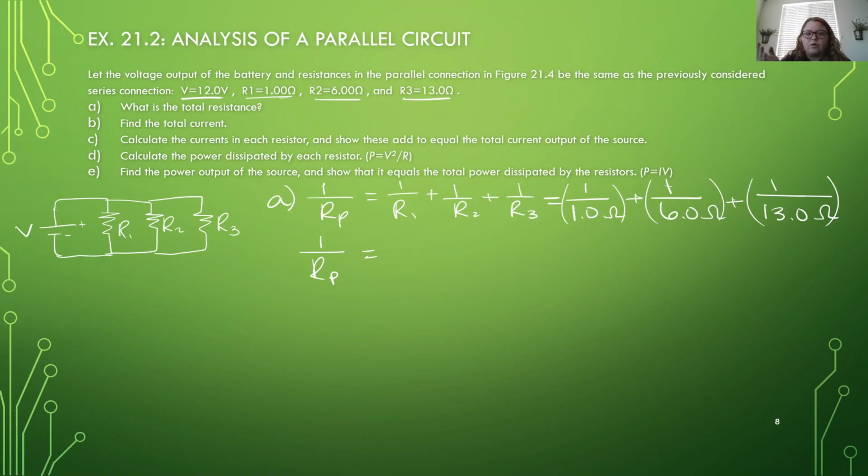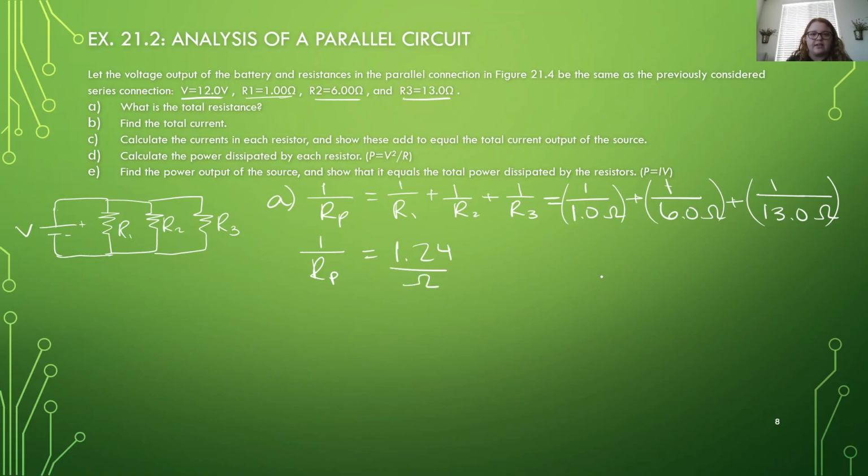So 1 over 1, which is just 1, plus 1 divided by 6 plus 1 divided by 13. I'm going to get some decimal number. So that would be 1.24.